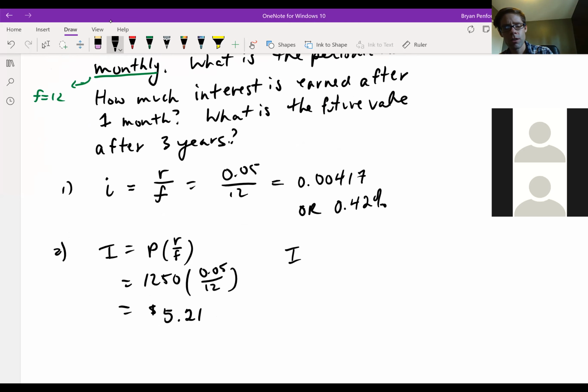Notice that since we have the periodic rate, you can also take your 1250 and multiply it by i as well. Let's multiply it by the correct number. If you multiply by i, you should come out to about the same. Maybe you can just verify that for me as well.